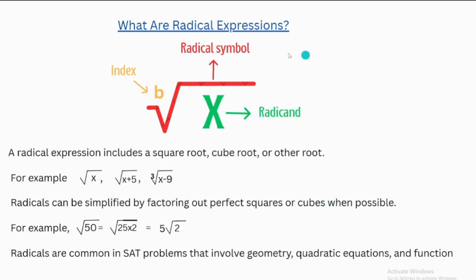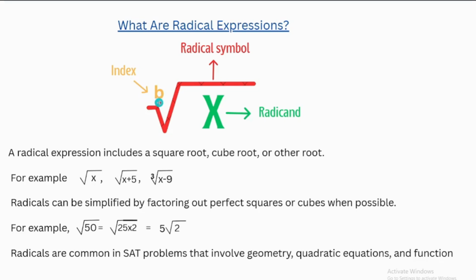Now we will talk about radical expressions. What is a radical expression? It's about the root. The radical symbol is the root, and it is called the radical symbol. The radicand is what is under the root. The number which we will put here is the index.